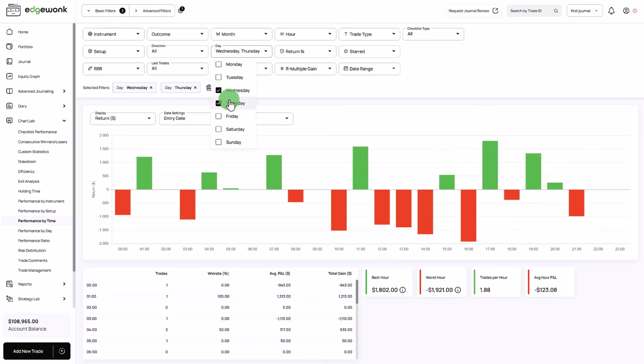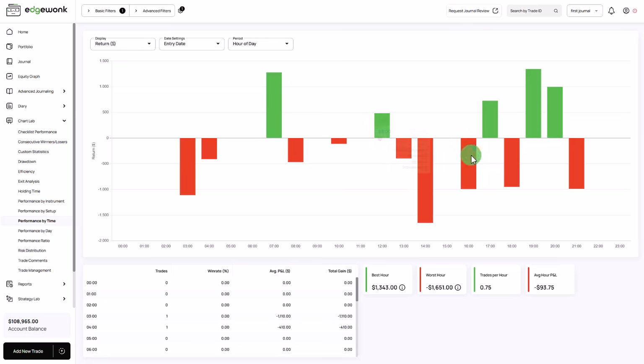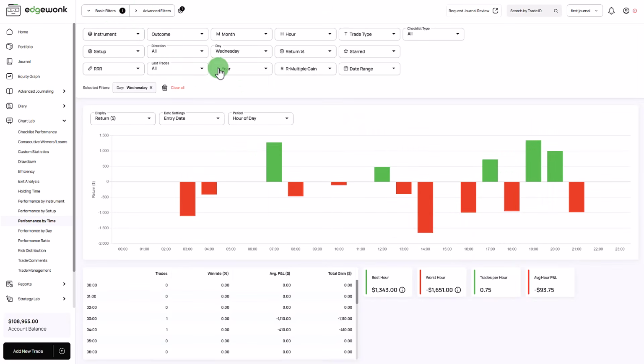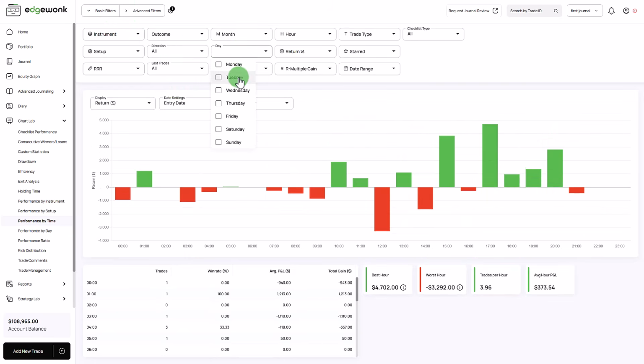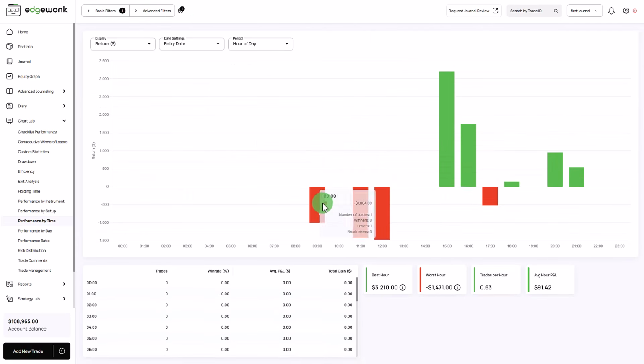Let's bring in Wednesdays as well. And you can see, around the clock trading here pretty much on Wednesdays and Thursdays. Let's, by comparison, look at only Tuesdays. Is there a difference? Yeah, you can definitely see there's a huge improvement. There's one trade at 9 a.m., a few here around 12 and 11.